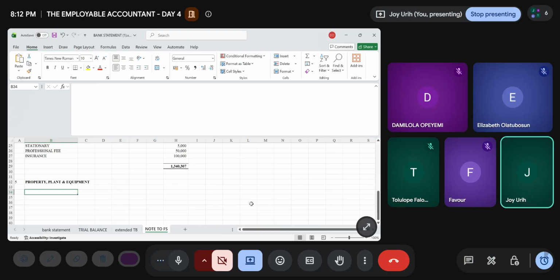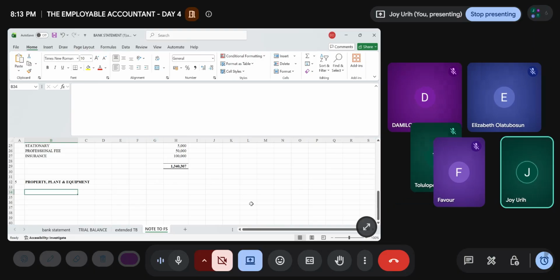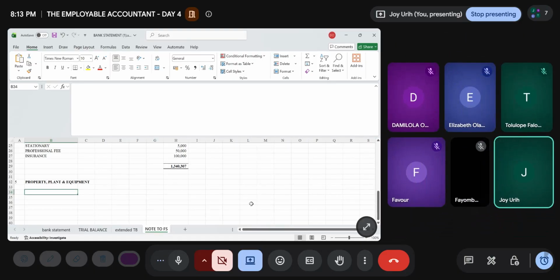It is carried at the net book value, and the net book value is simply the cost minus the accumulated depreciation, right? So on this schedule, in the note to the account, you have the cost and the accumulated depreciation. Then what you'll be taking to your statement of financial position is the net book value, which is cost minus accumulated depreciation.